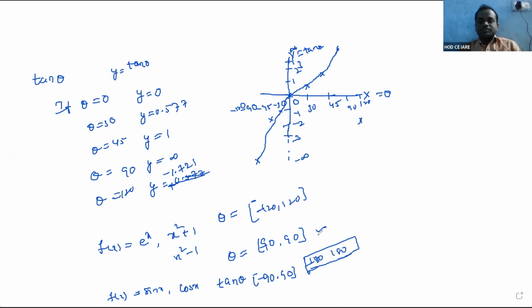Okay, so this is continuity or discontinuity of the functions.